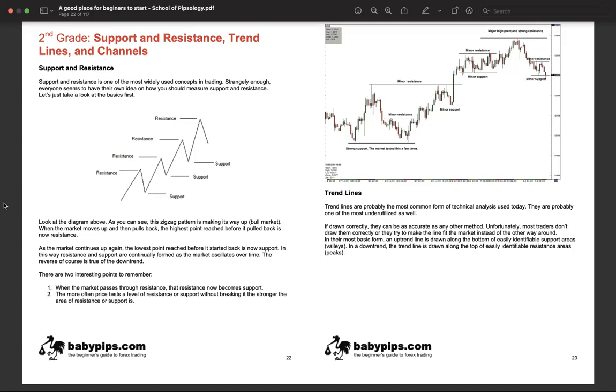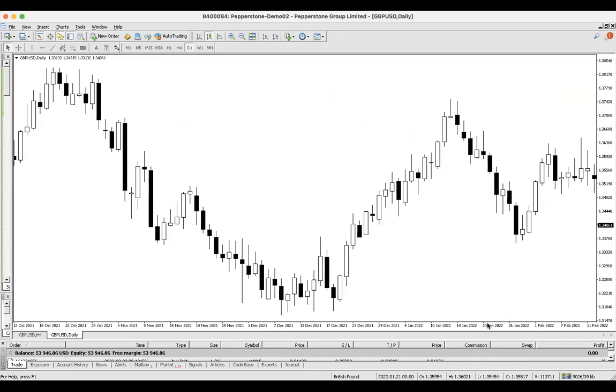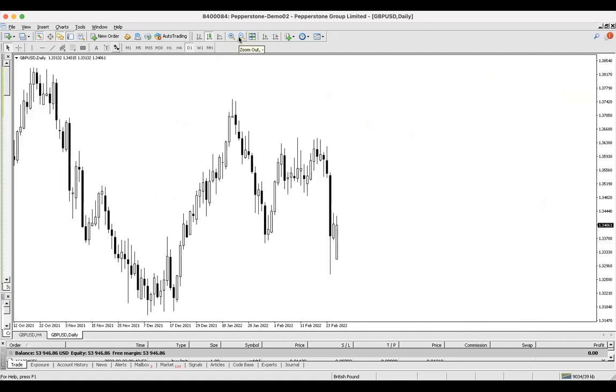So let me show you something here. Okay, let me show you this on a chart. If you look at this chart here, you will find that price turned here.